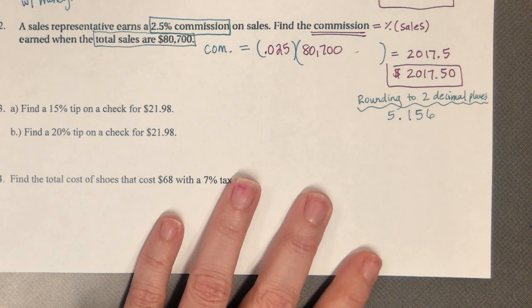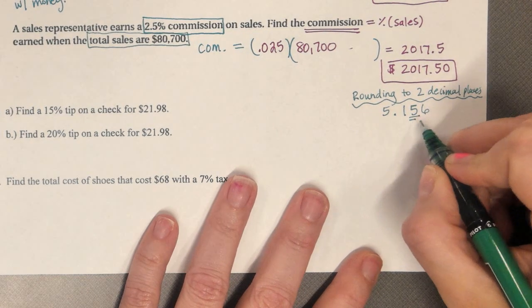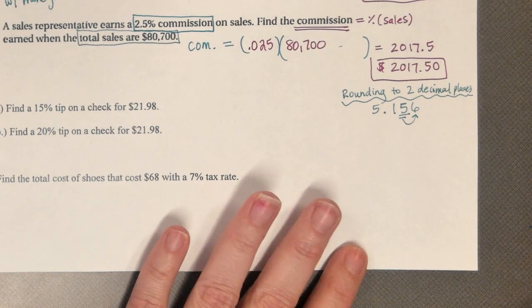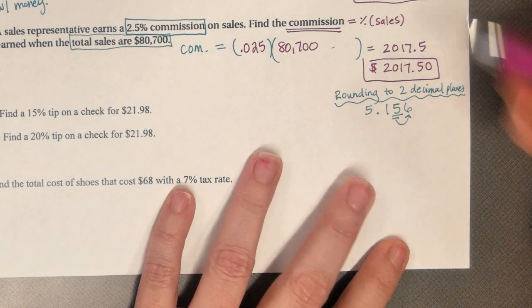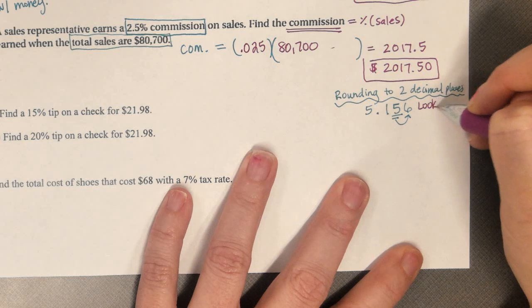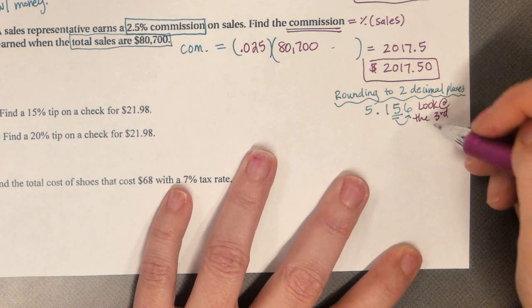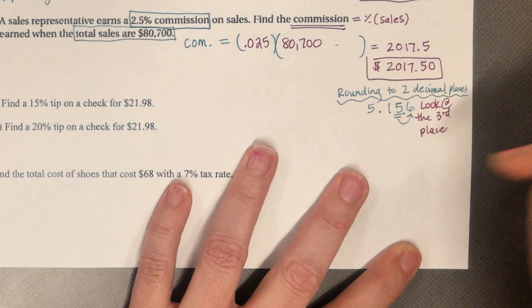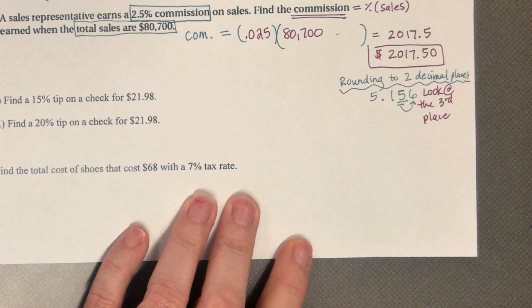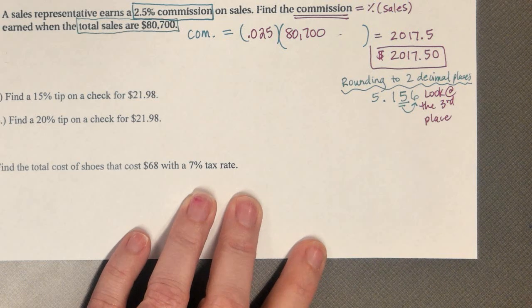Yeah, I guess you do look at all of them, right? You're always going to look at the third place. So when you're rounding to 2 decimal places, look at the third place. That tells you whether you're rounding the 5 up or keeping it the same.